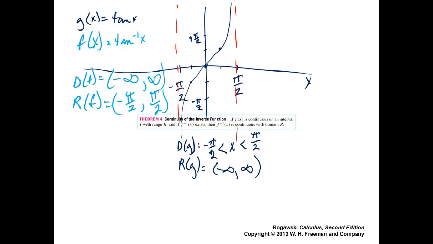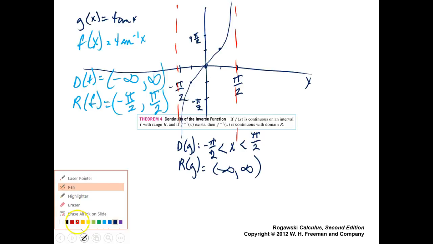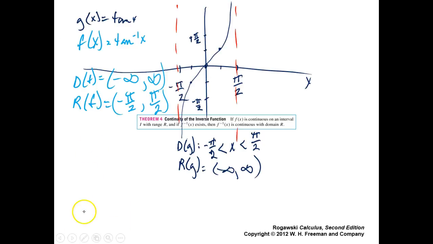And then put my, now they're horizontal asymptotes, okay? But unlike some horizontal asymptotes, you can't touch across these. You have to stay in between them.